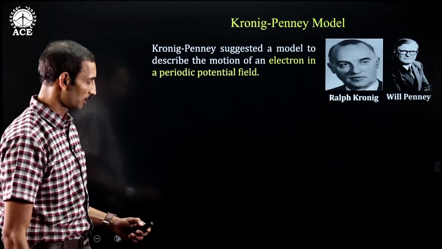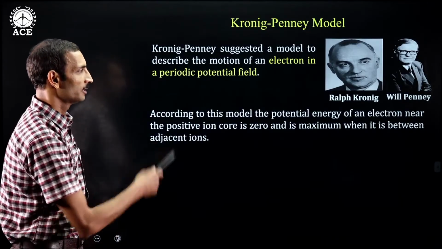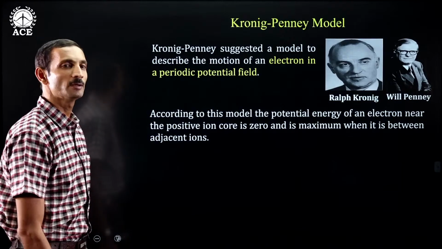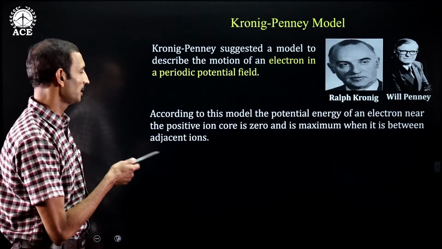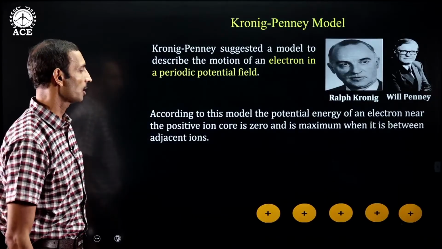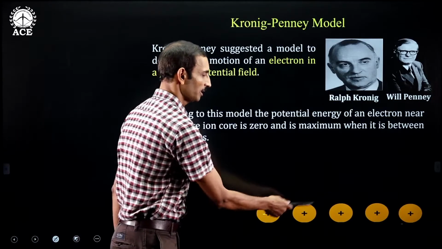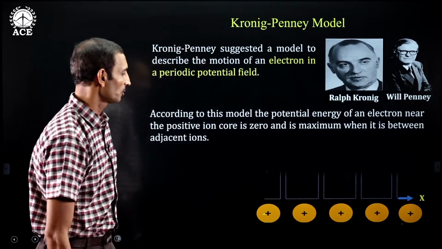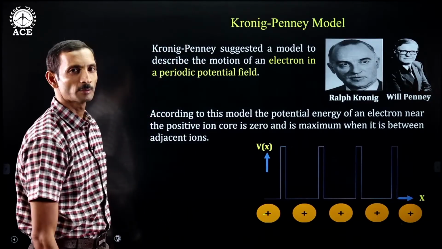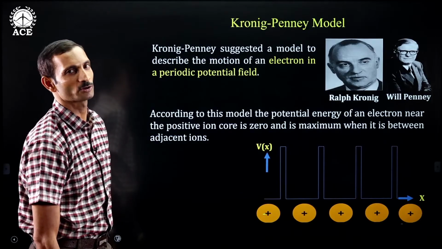Now according to them, the potential energy of the electron near the positive ion, as you have seen now, is 0 and maximum in between the adjacent ions. How would that be? Let us suppose this to be the one-dimensional array of ions. This is how the potential energy of the electron would be.